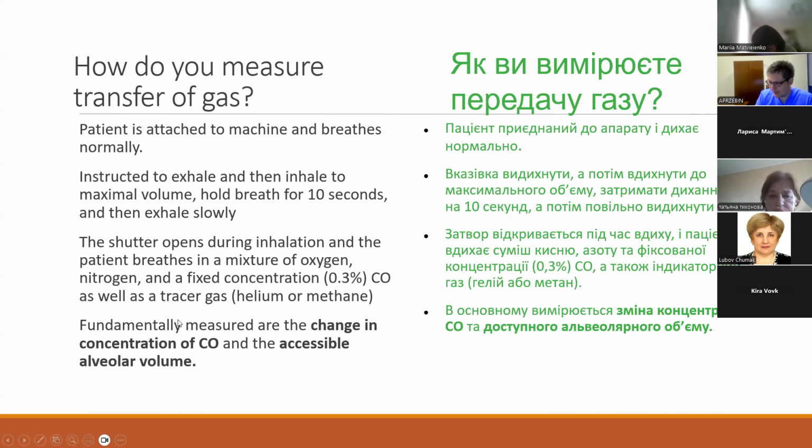And what is fundamentally measured by the machine is this change in concentration of carbon monoxide, and then using this tracer gas, something called the accessible alveolar volume. And these two things measured will tell us the DLCO and are helpful in teasing out maybe what's wrong with someone's lungs.